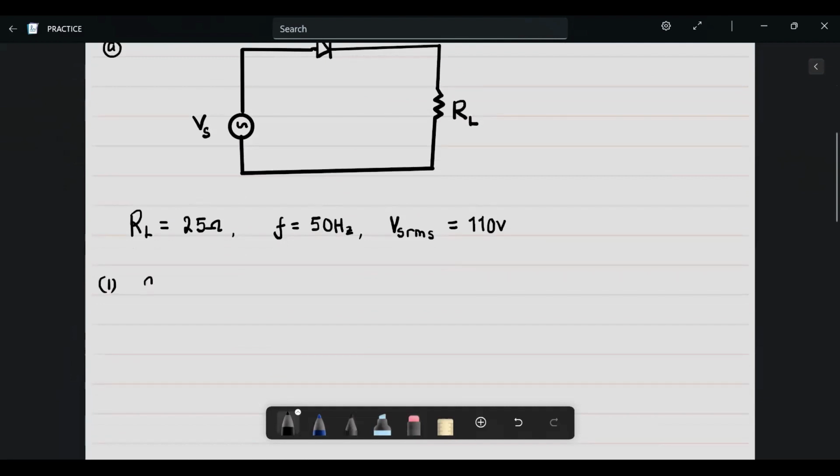Rectification efficiency is equal to the ratio of the output DC power divided by the output AC power, right?